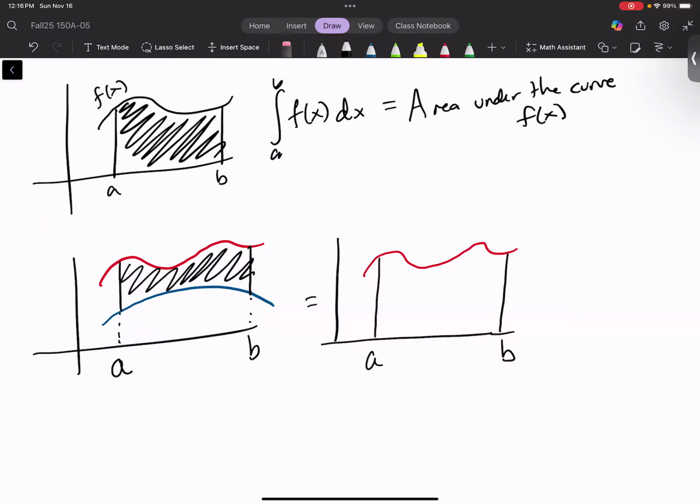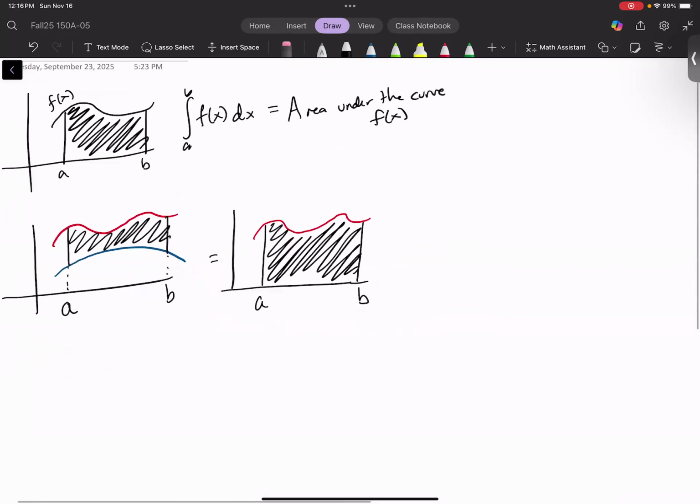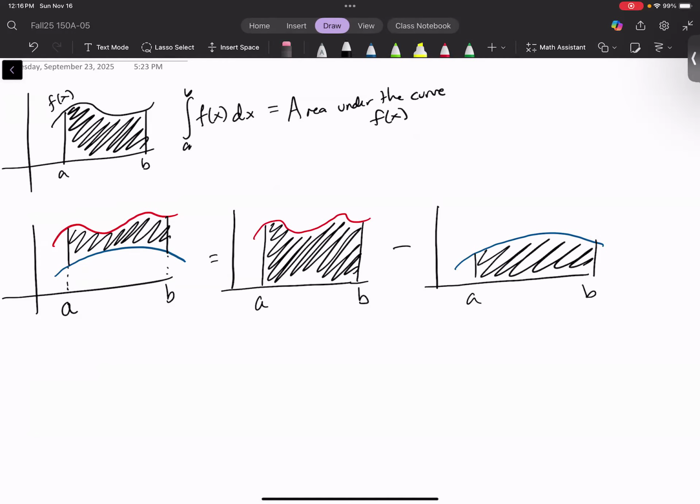I just took away the blue function. So it's this area minus the area under the blue function. Hopefully you can see that: it's the area under the red function minus the area under the blue function.